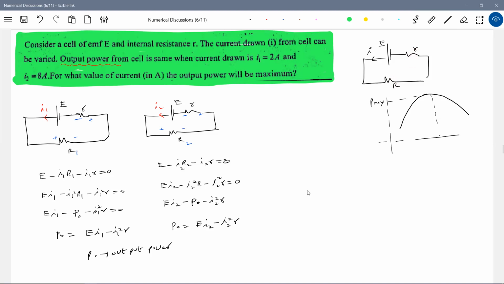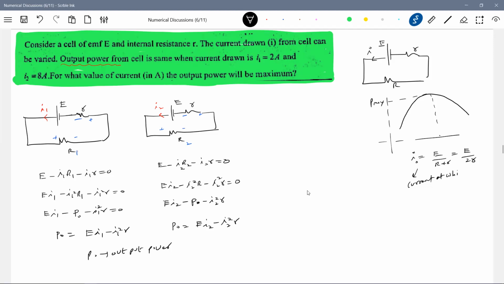then what is the formula for that? What is the load current? I should be equal to E by R plus R, or E by 2R. This we will call I naught. This is the current for which the power delivered by the source to the load will be maximum.